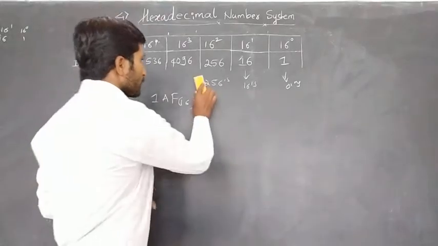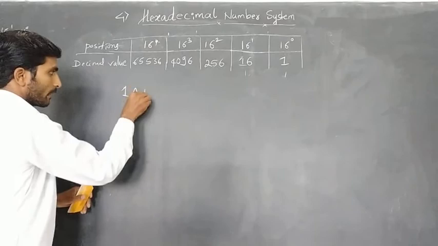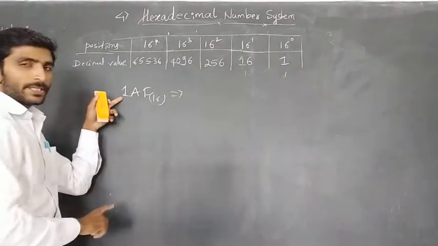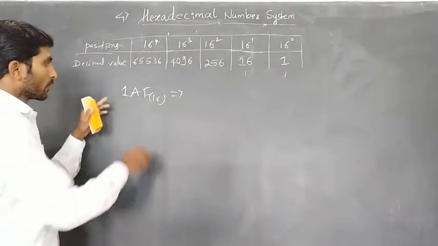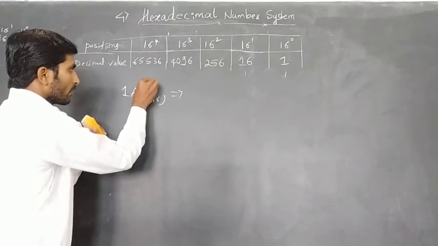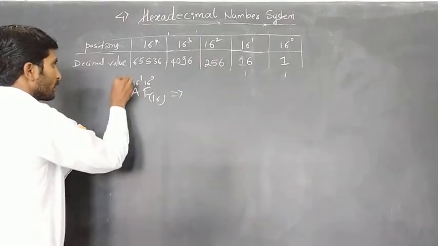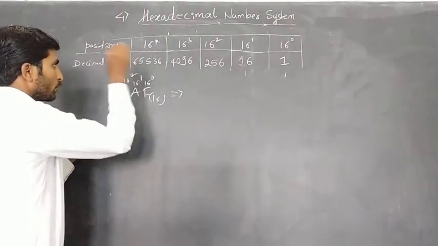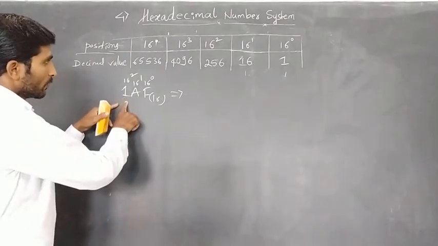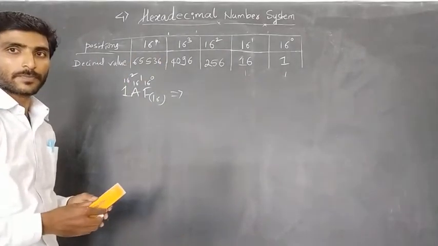Then I am writing a simple example, 1AF base 16. You have 3 digits. First you will write F in the place of 16 to the 0, then 16 to the 1, 16 to the 2. Now I am converting this hexadecimal number to the equivalent decimal number.